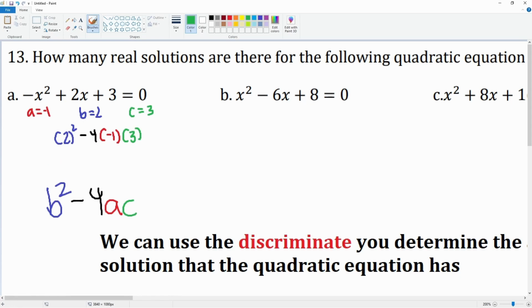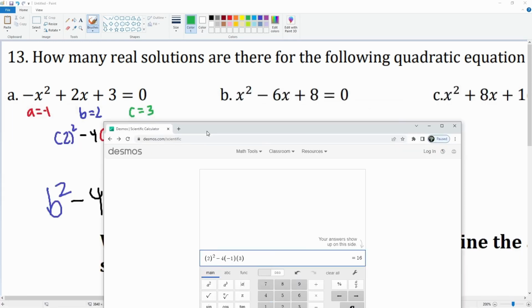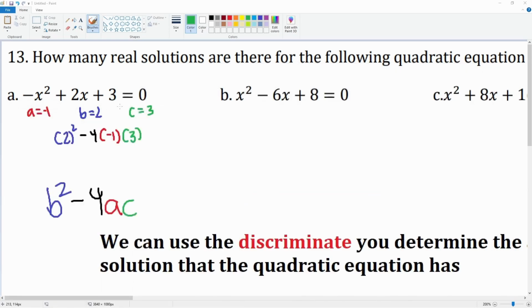All right, so to do that, we just plug into the calculator: parentheses 2, close the parentheses, squared, minus 4, parentheses -1, close the parentheses, times 3. All right, it is 16. The discriminant here is 16.